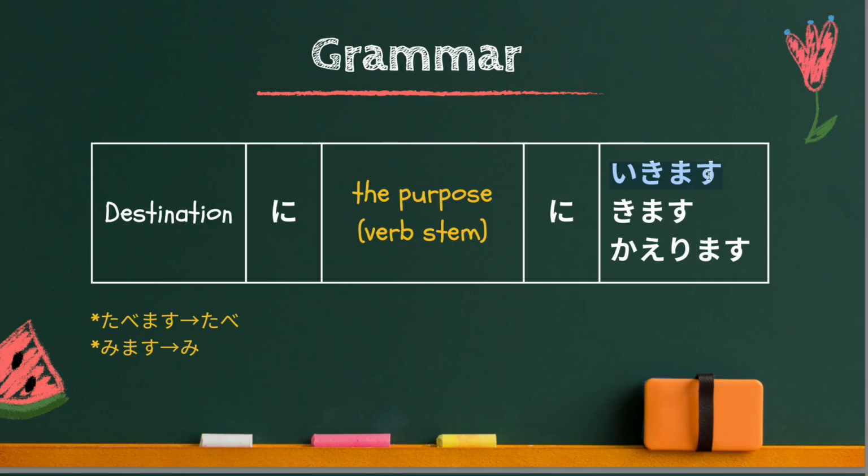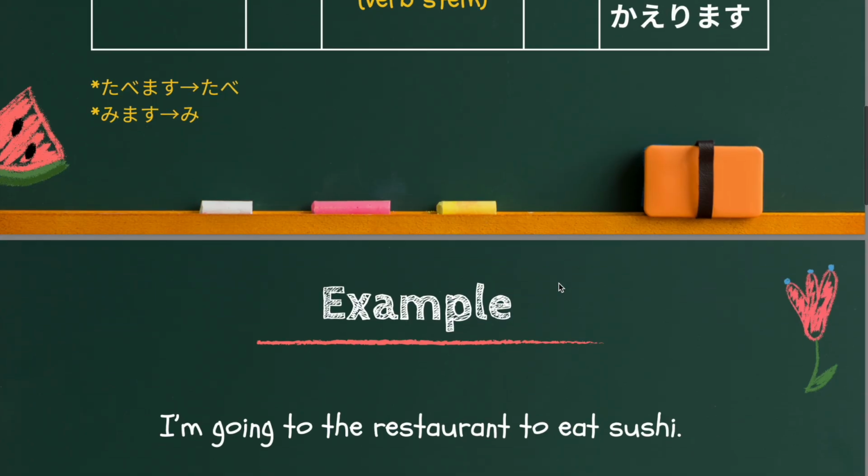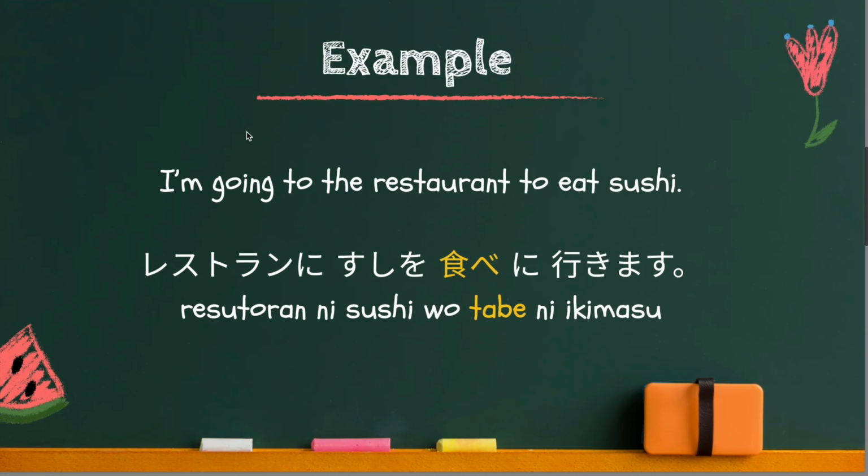I will show you one example. I'm going to the restaurant to eat sushi. レストランに寿司を食べに行きます。So destination is restaurant.